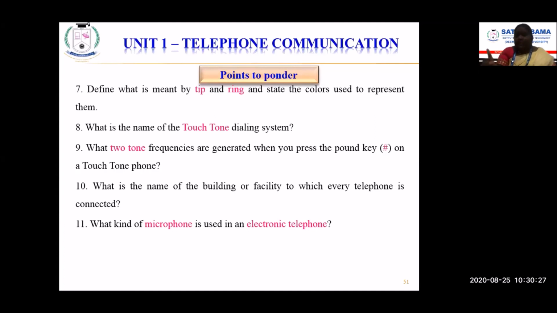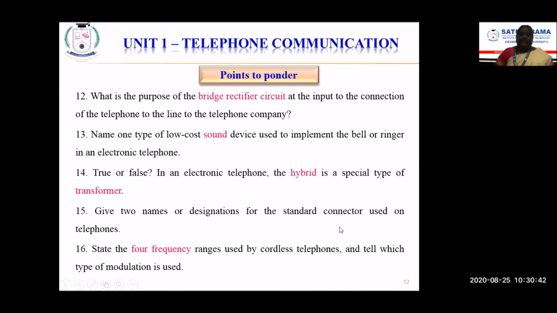So when you press the button hash, what is the sum of the frequencies that is derived and what is the frequency of the signal that is generated? Try to find the answer for this. Please take a snapshot of this. Next set of questions. Please try to find the answers for all these questions.